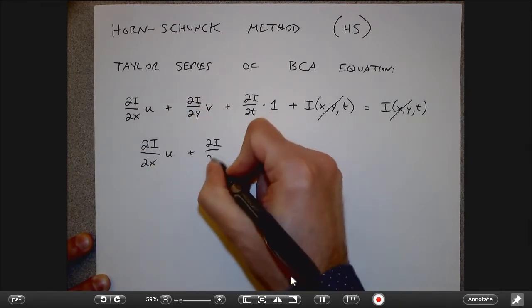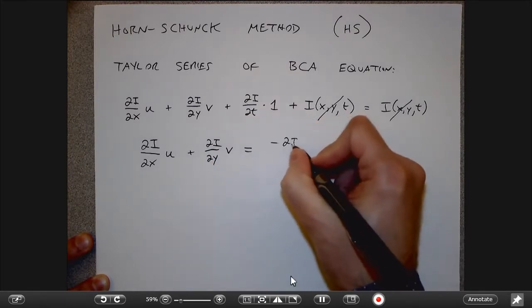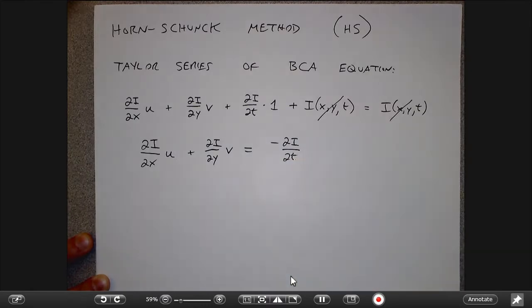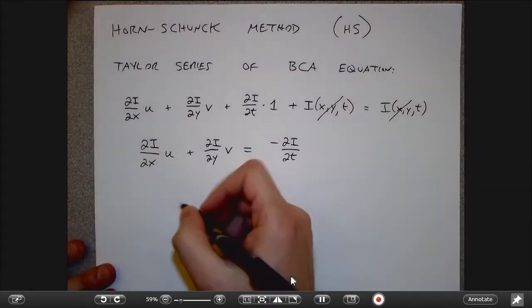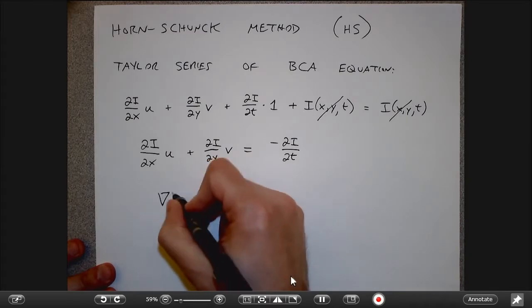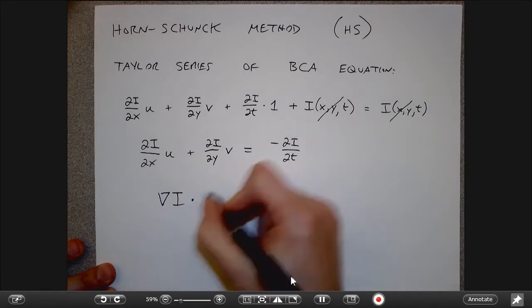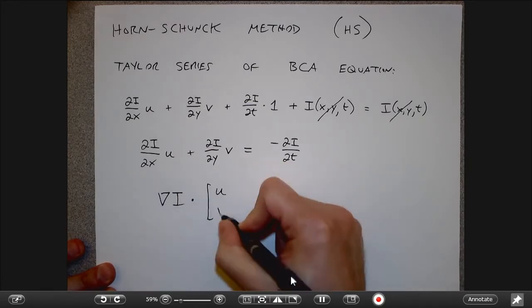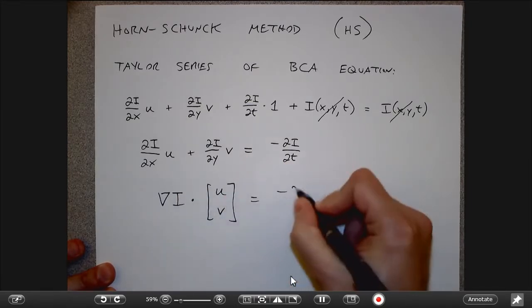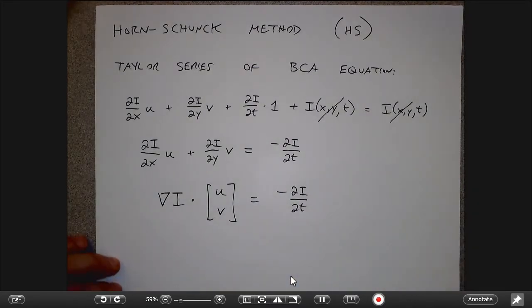something that involves the gradients of the image in both space and time. Another way to think about this is that fundamentally I have the gradient of I, the vector with these two partial derivatives, dotted with the flow vector equals this number. So basically at every pixel, I have this one constraint.